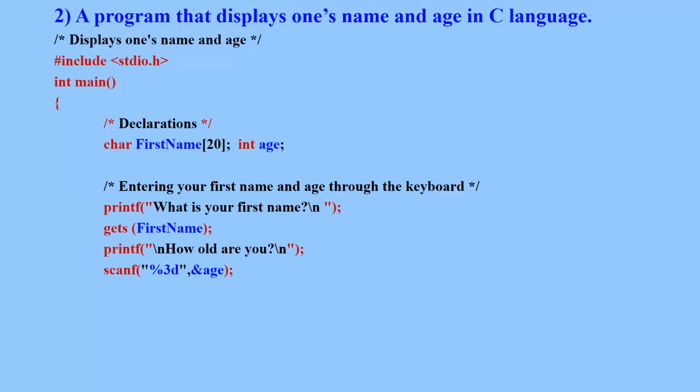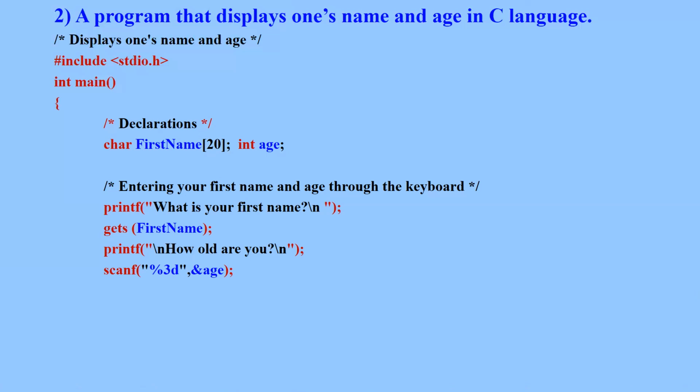So get the whole number value being entered by the user and store it in the memory location called age. The d there is for formatting purposes, for spacing purposes.